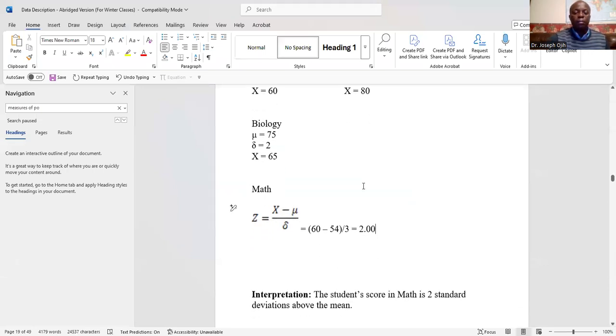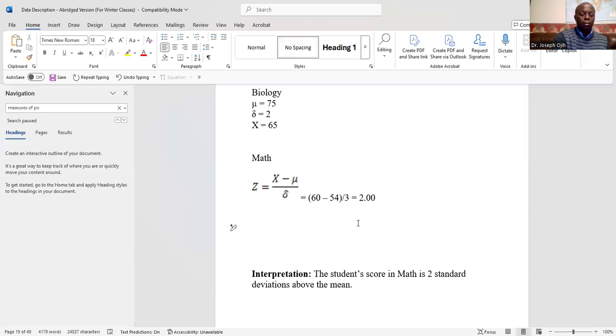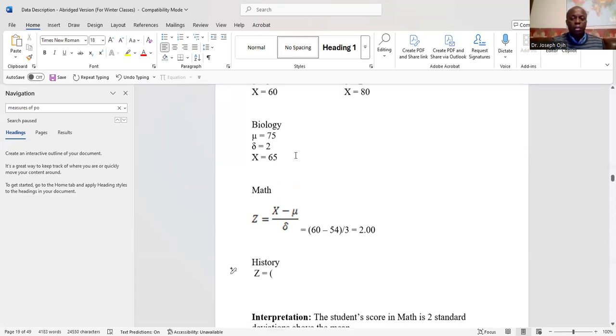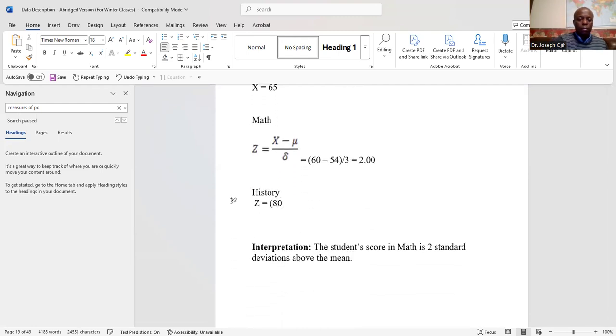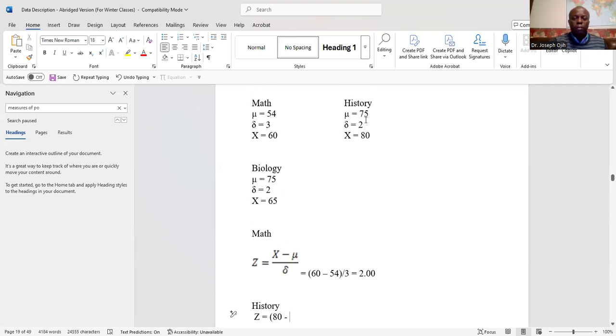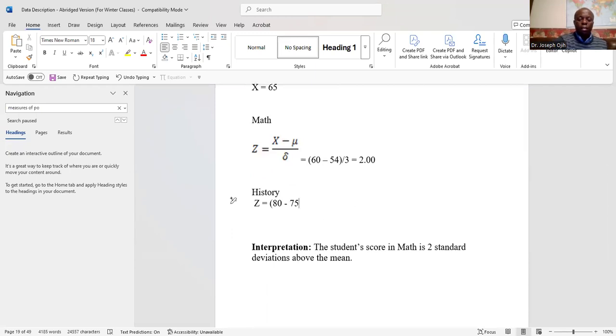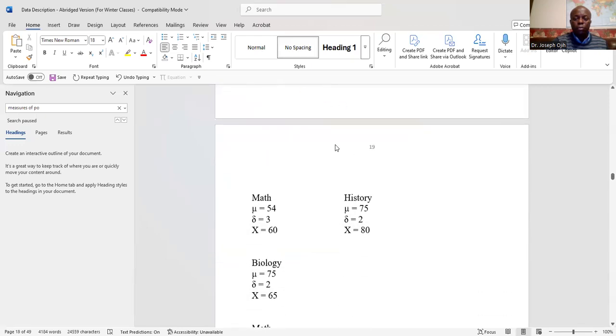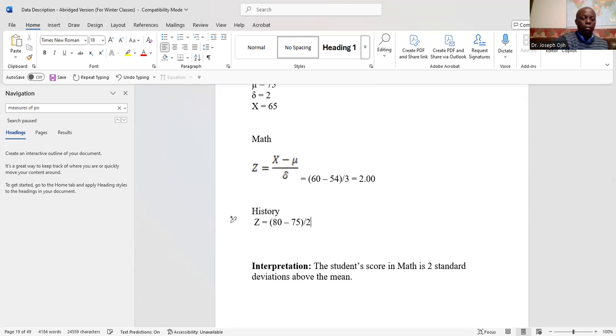Now, for history, the z-score will be Z equals, our X is 80, with a mean of 75, divided by the standard deviation of 2. I'm going to write 80 minus 75 divided by 2.